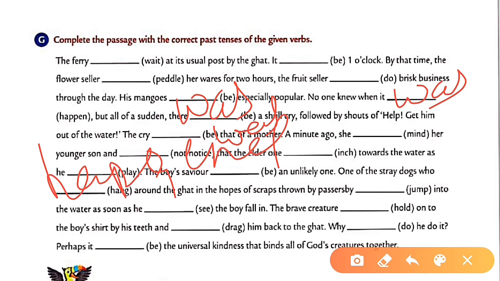Okay guys, up to this I explained, and the rest of the blanks you have to practice by yourself, because you know that grammar is very important. If you practice by yourself, it is like mathematics.